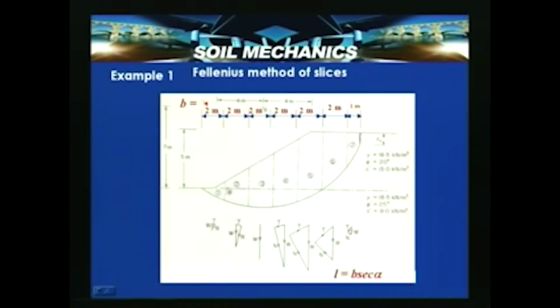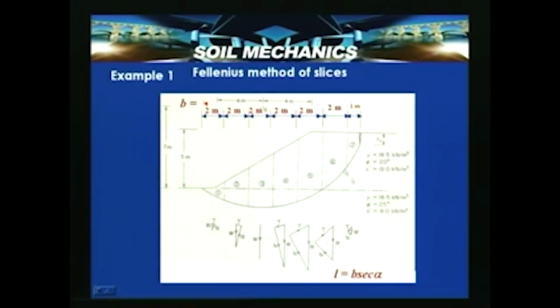Let us assume that the slope is divided into 7 slices, 1, 2, 3, 4, 5, 6, 7, and these are the horizontal widths of each slice. The circle is located like the procedure we have discussed just now, with 4 meters and 4 meters as the horizontal distance. So, this is the central line. With that point, and when this angle is about 133.5 degrees, this particular surface is located.